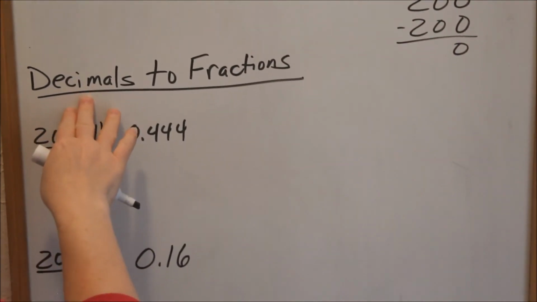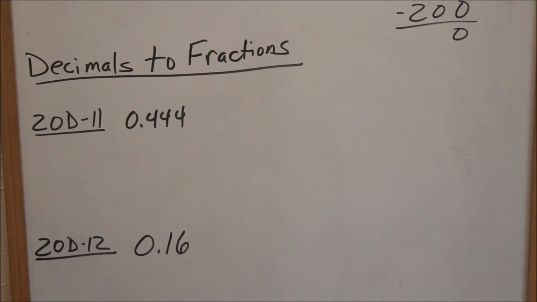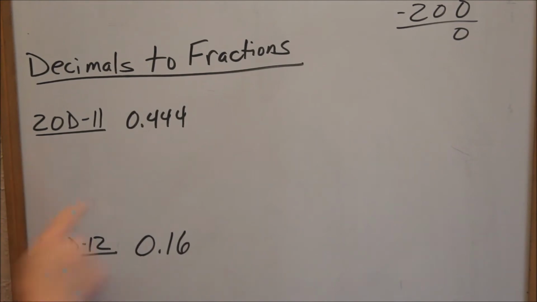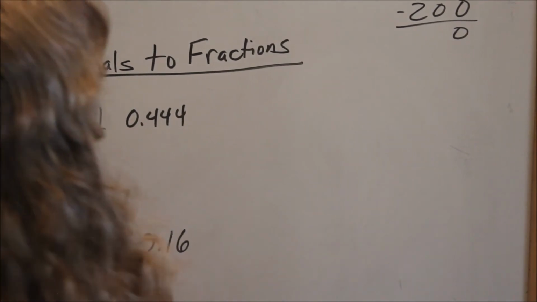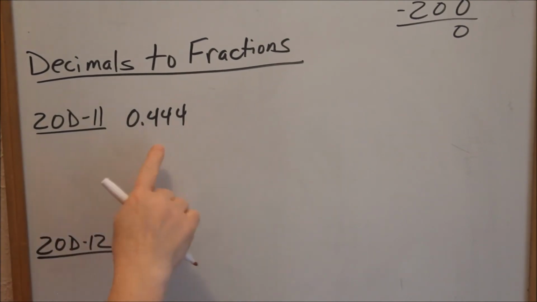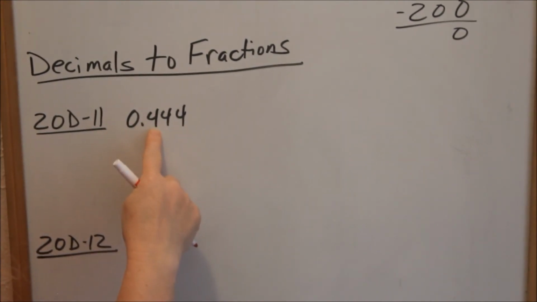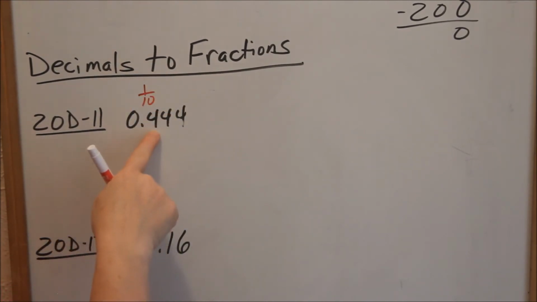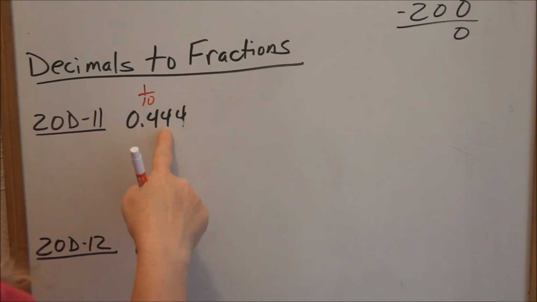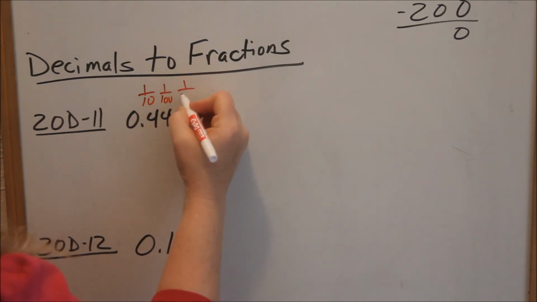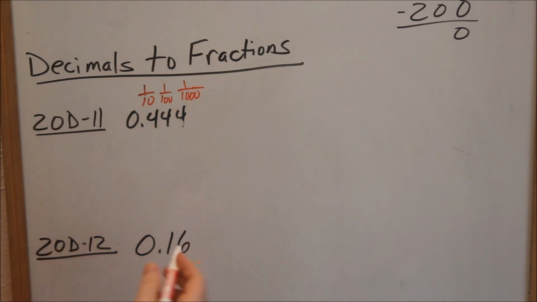Okay, now let's do the reverse. Now let's do decimals to fractions. Looking at 20D number 11, you have this decimal here, 0.444. You have to remember your place value. The place value just to the right of the decimal was your tenths place value. Then the next one was the hundredths. Then the third one was your thousandths place value.